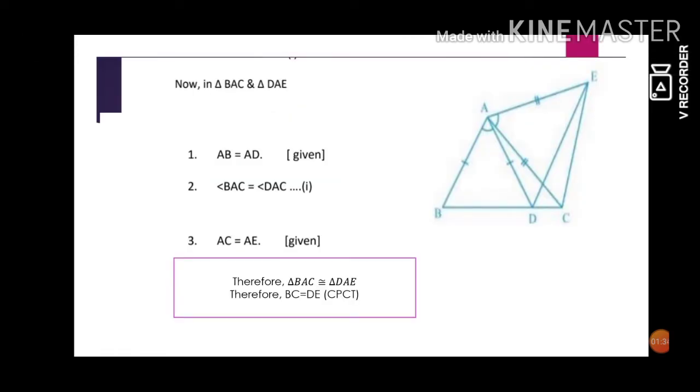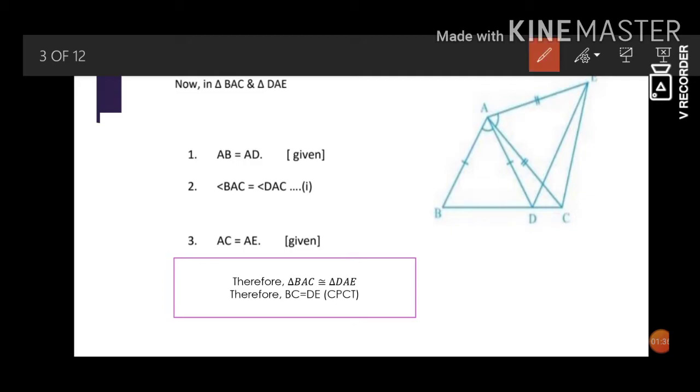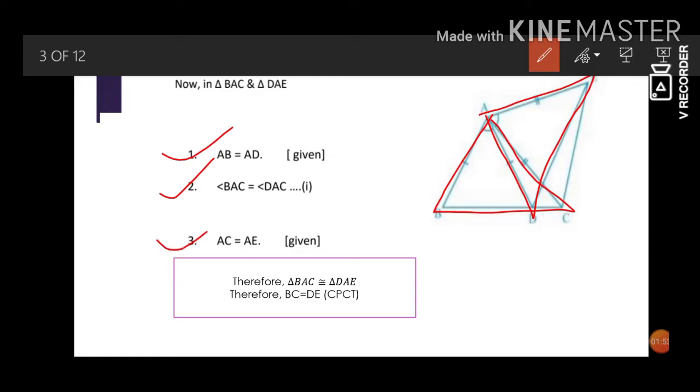In triangle BAC and this triangle, in these two triangles, we have AB and AD as equal, angles are equal that we have found out in 1, and AC is equal to AE.